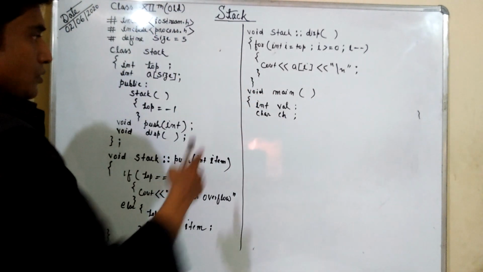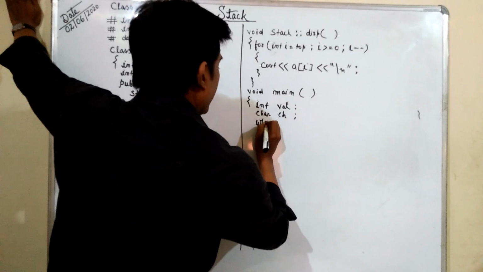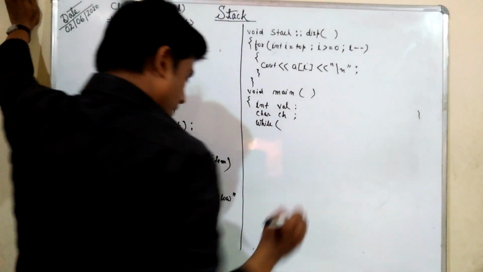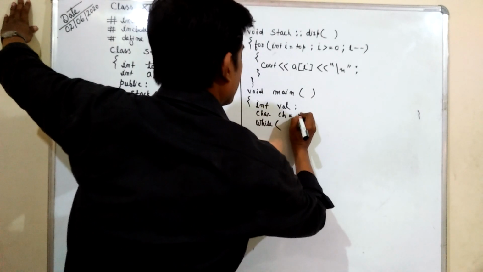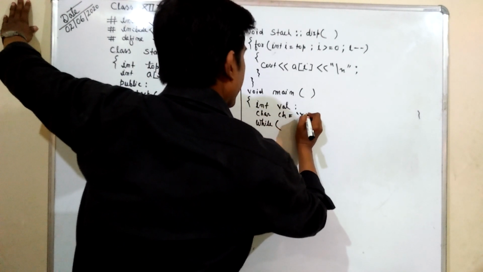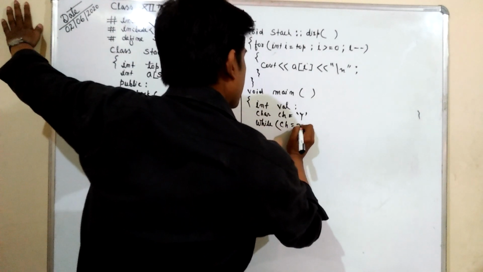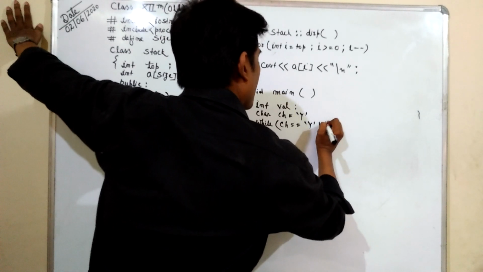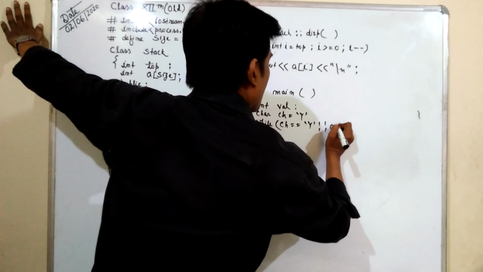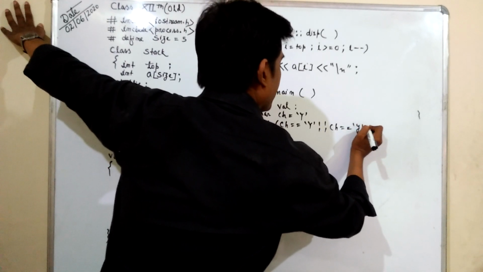So we have taken the two variables, and here we are going to use the while loop, and here the ch we have to initialize with the while. Okay, in while, ch is strictly equal to capital Y, or operator, or ch is strictly equal to small y.